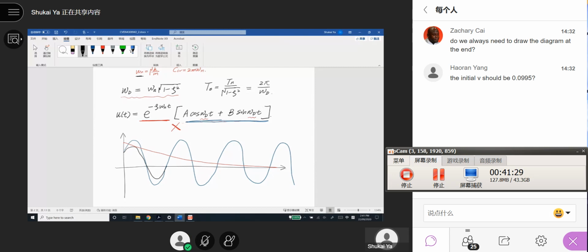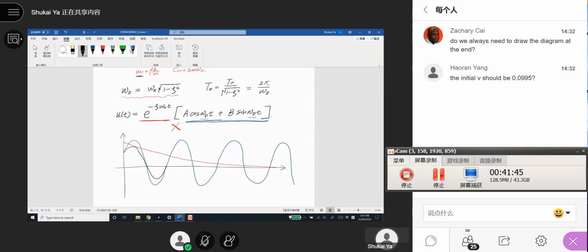Okay, so I just want to show clearly the relationship between these two expressions. And now I draw another one to make it clear for the later explanation.